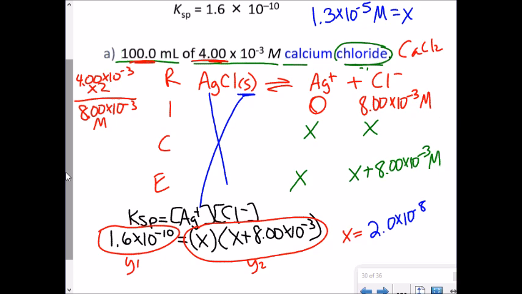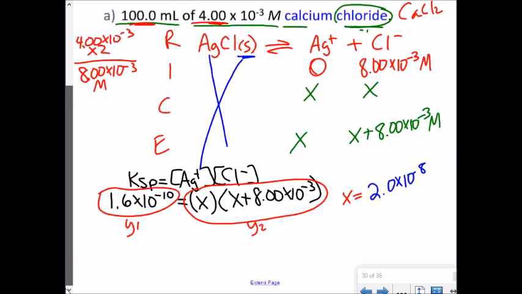Okay. Now, 2 times 10 to the minus 8 is a very small number, right? So, let's think about this. This is 0.008, which is my 8.00 times 10 to the minus 3, right?